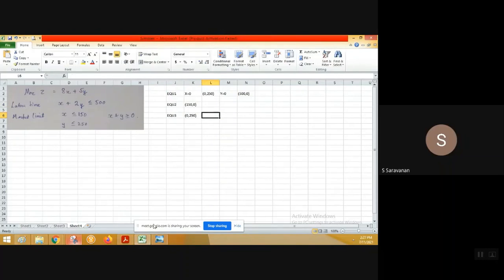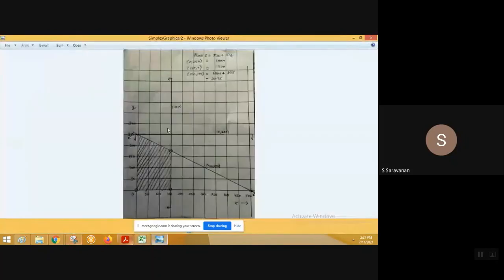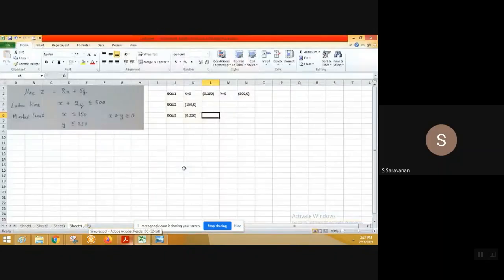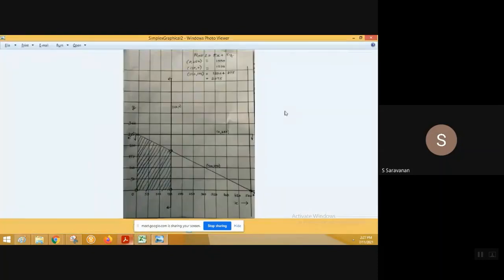So now we have to solve the problem. I'll just explain in the clipping that I have. Okay, so this is the clipping. Not able to copy. Just a minute.